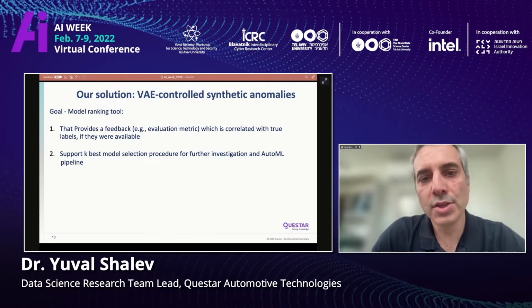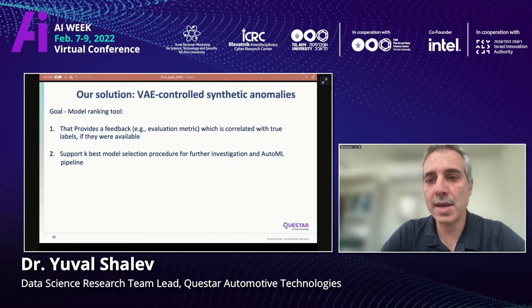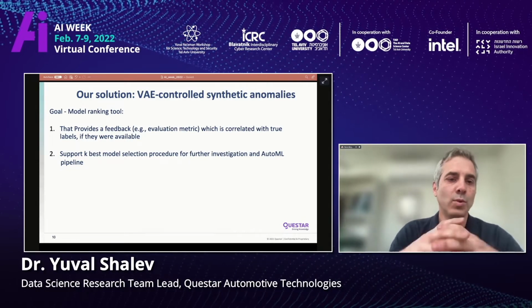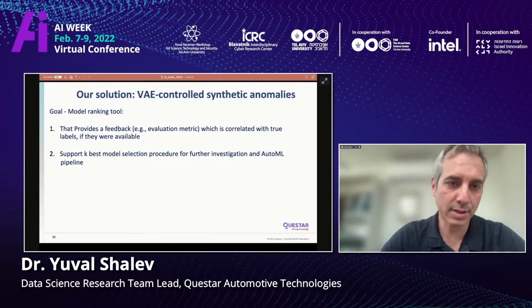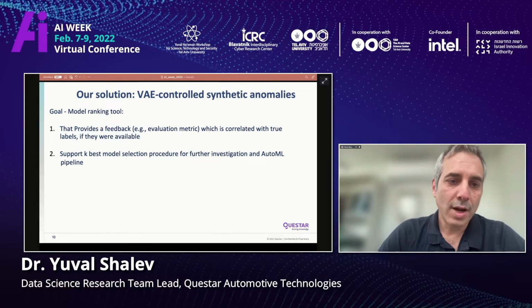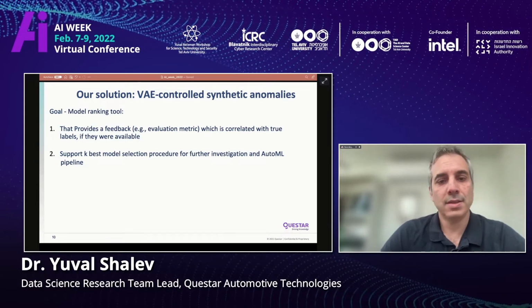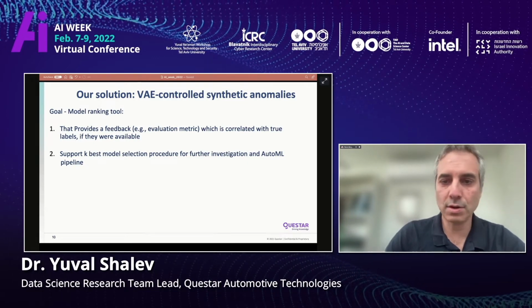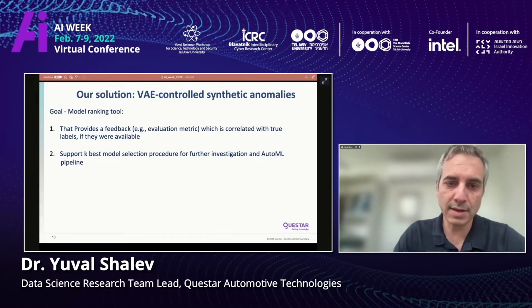So our proposed solution is VAE controlled synthetic anomalies. We have two basic goals here. The first one is to provide reliable feedback, for example an evaluation metric such as F1 score, which is correlated with the true labels if they were given to us.